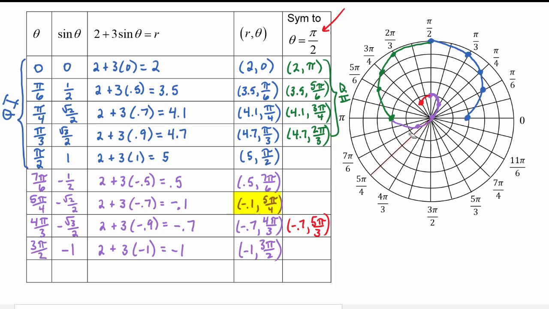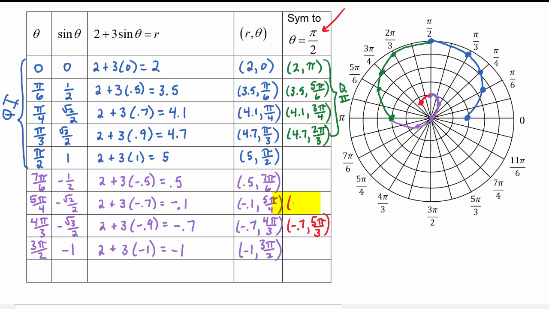5 pi over 4, this angle, if we fold it over the vertical axis, will land on 7 pi over 4. Or, remember, you can do the subtraction. Pi minus 5 pi over 4 is negative pi over 4, which is coterminal with 7 pi over 4.